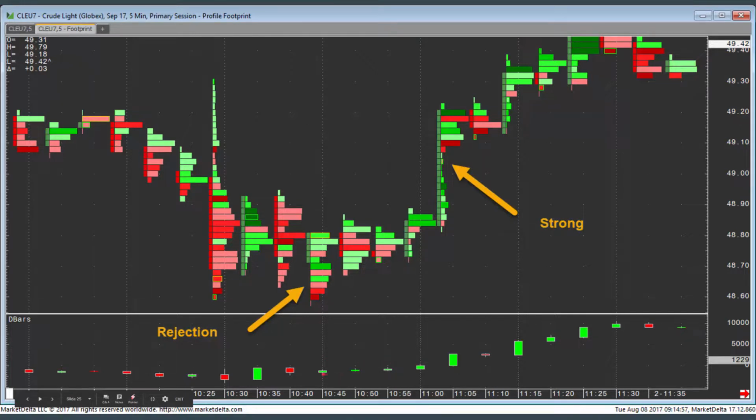Notice how, even when it was going sideways before it broke out to the upside, it was still drifting higher. The delta shows they were buying it a little bit through here, not selling it. So as it came off this double bottom, they were still buying in here before it exploded higher. And you can see this again confirmed that strong pattern. So what we see is the strong bar that we covered first.